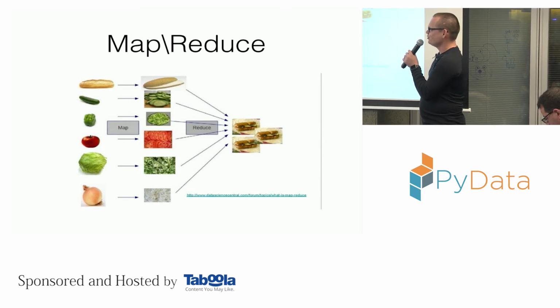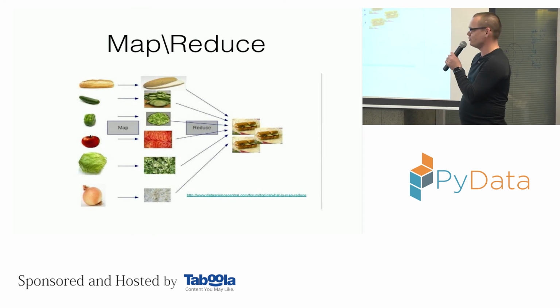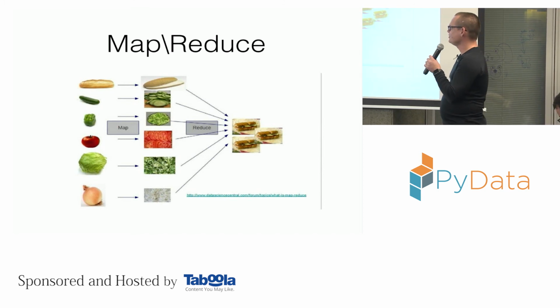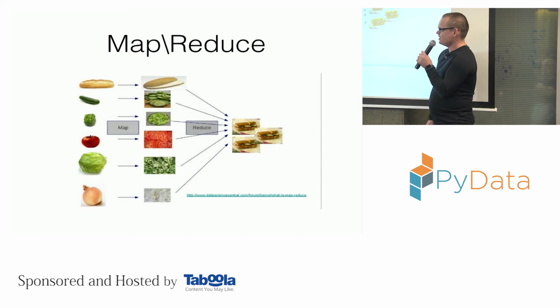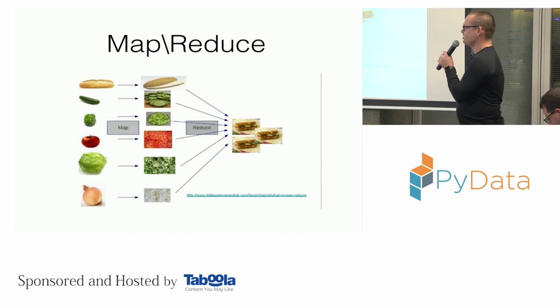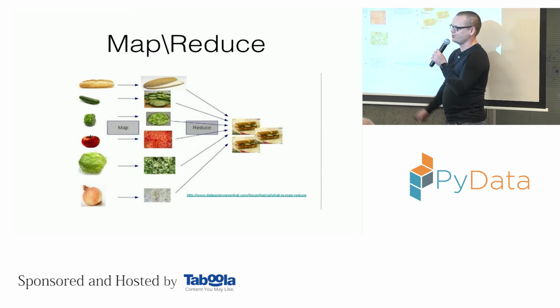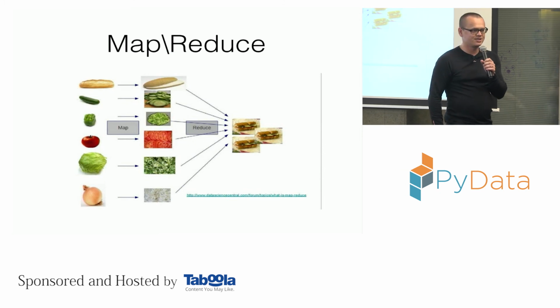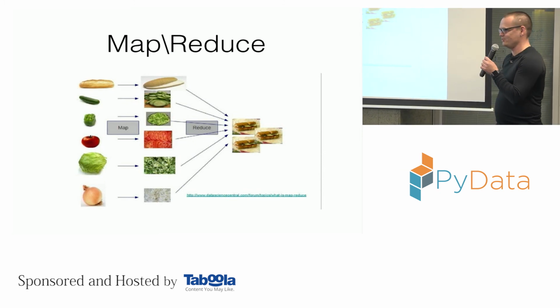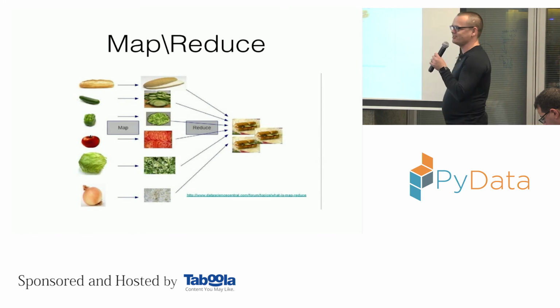So you can ask every worker, every node, to slice its own chunk of data. And the chunks are absolutely different, they are not shared. This is the map operation, which is followed by a reduce operation, which combines all the sliced chunks into one great sandwich. So this is what basically happens behind the scenes in Hadoop and in Spark.